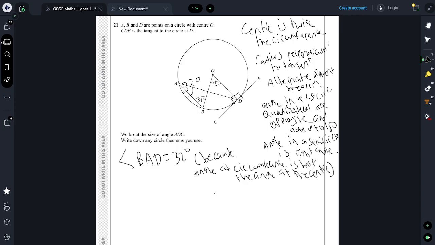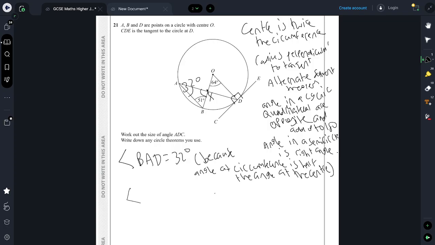Cool. So what can we do now? Well, notice that this is a triangle, AB and then this point here, X. I'm going to call it X, or you could call it F, but call it X. It could be anything you want. This is a triangle ABX, right? And actually, we know what this angle is going to be as well.